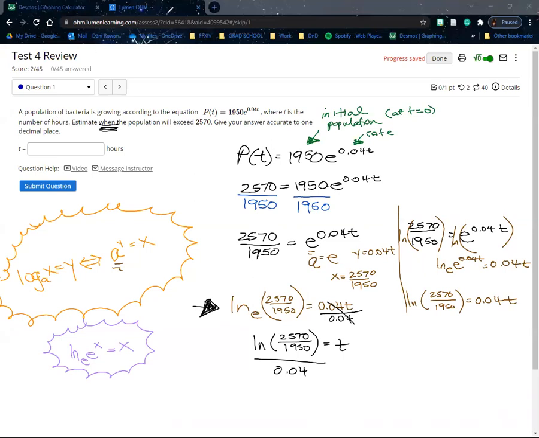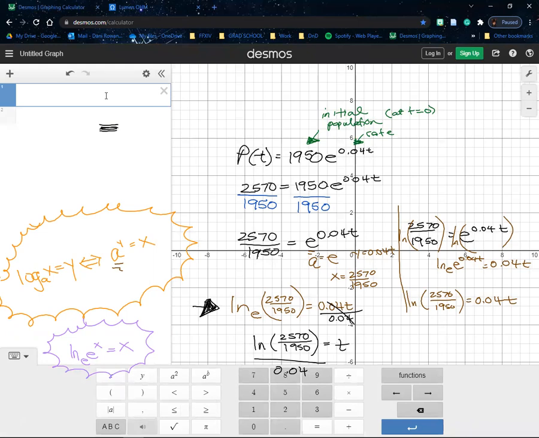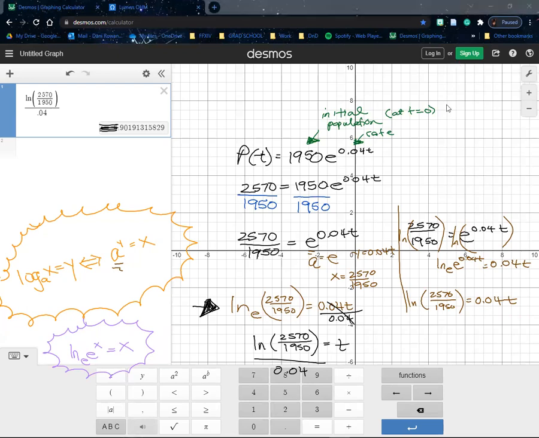And then what you're going to do is you're just going to go to your calculator and type it in, the natural log of 2570 over 1950 divided by 0.04. There we go.